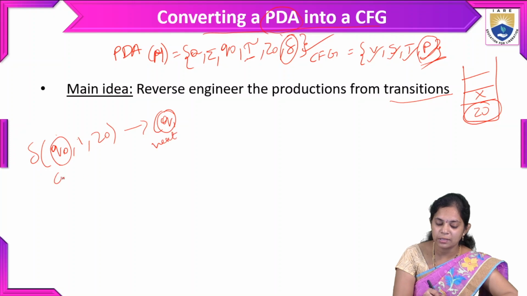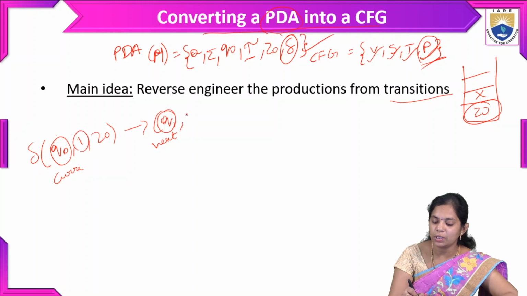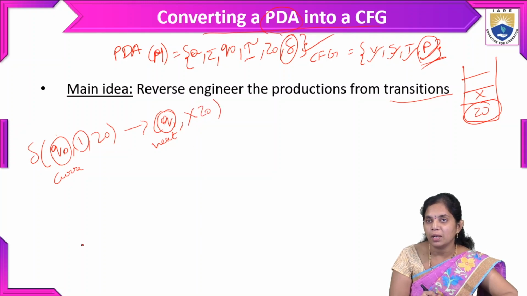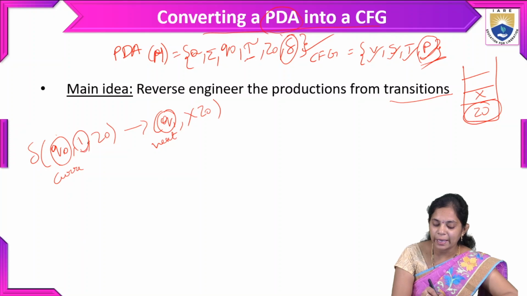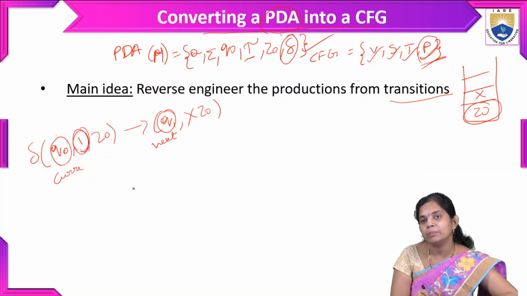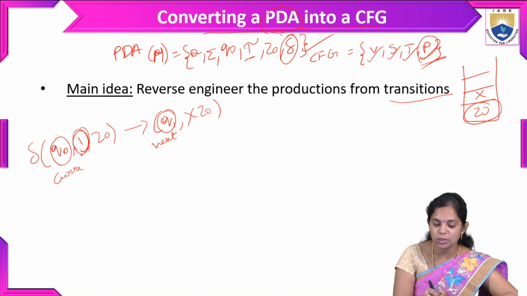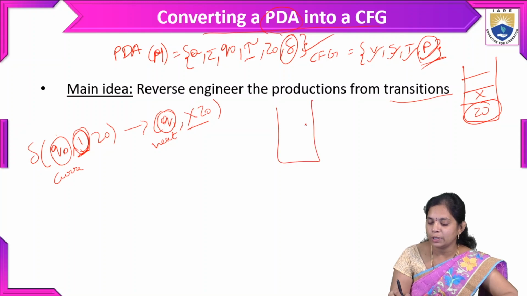Whenever the input symbol 1 appears, we need to replace it with X, along with the top of the stack symbol. What it indicates is that while reading the input string 1, we need to replace the 1 with the X, and we need to push the value into the stack.